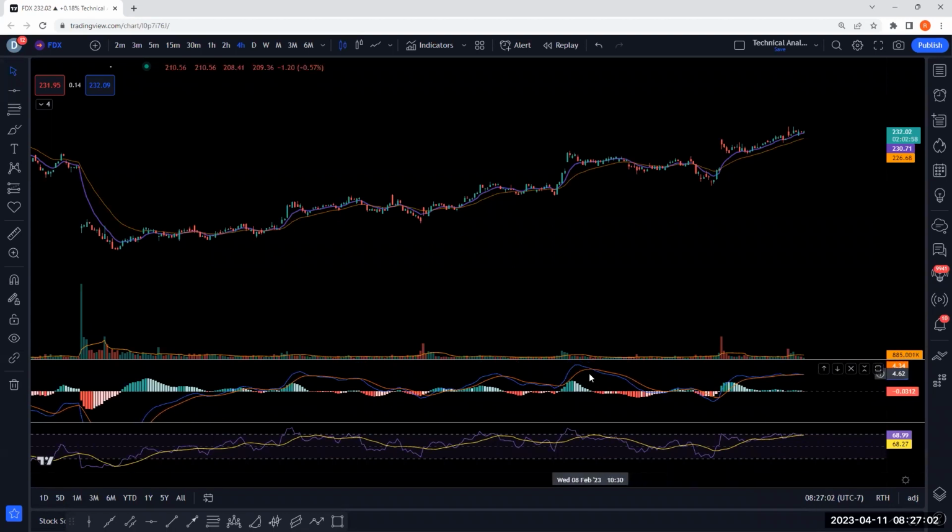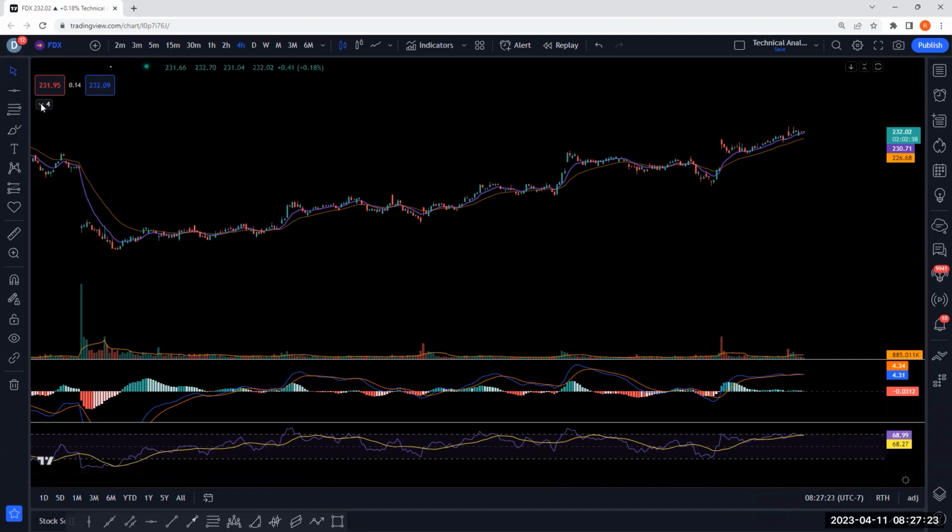You have 2 EMAs and you're looking for them to converge, which is come together, or diverge, which is move apart. And then we also have our RSI, relative strength index, that tells us if a stock is overbought or oversold. So it just depends.